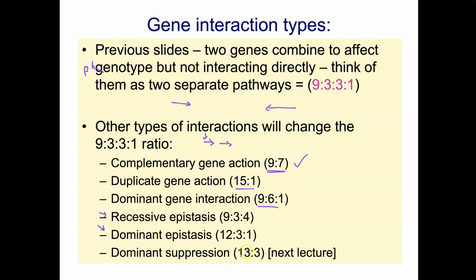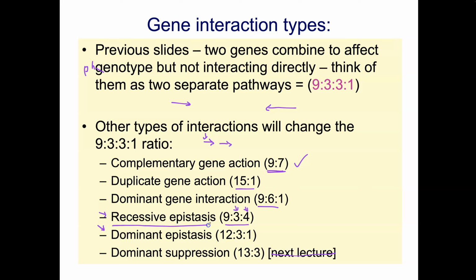And I'm not as concerned necessarily that you memorize the names of these things, unless memorizing the names helps you understand how they work. If you can explain how this works, recessive epistasis, that is, the gene responsible for this phenotype acts before the gene that's responsible for this phenotype, but they're acting in the same pathway, then that's good enough for me.